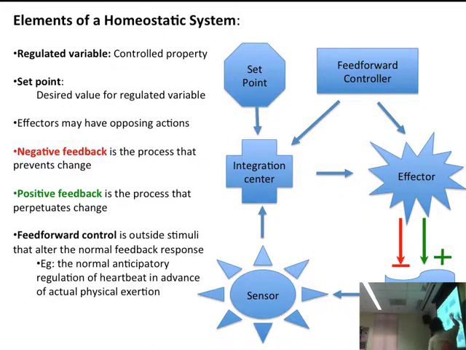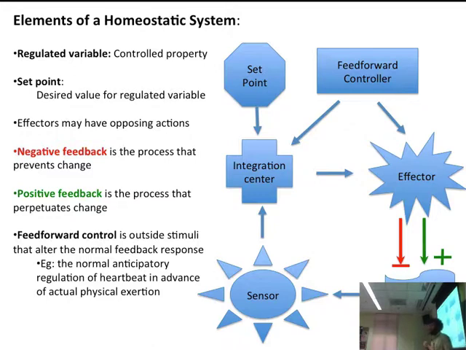And then there are these feed-forward controllers. These are external stimuli that can change the normal feedback response. For example, there's the integration center in the brainstem that is helping to control your heart rate.